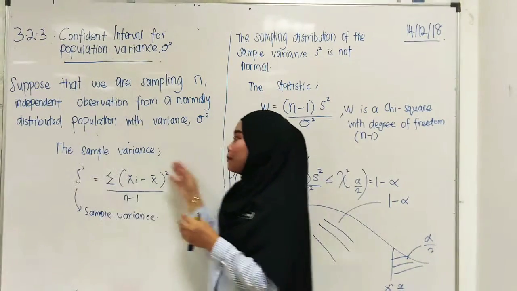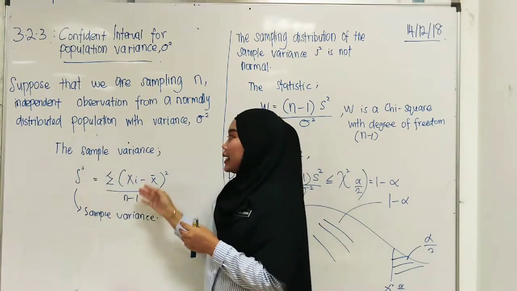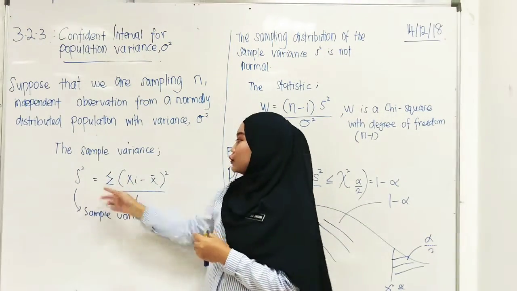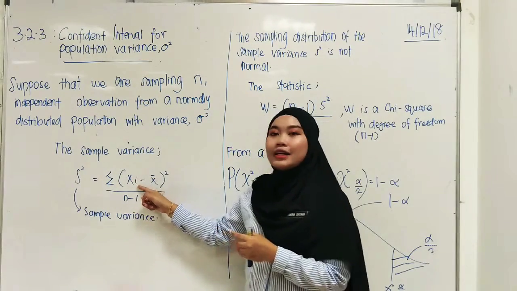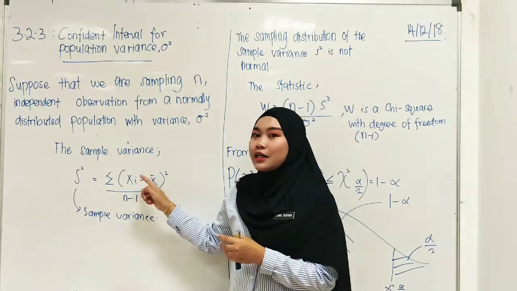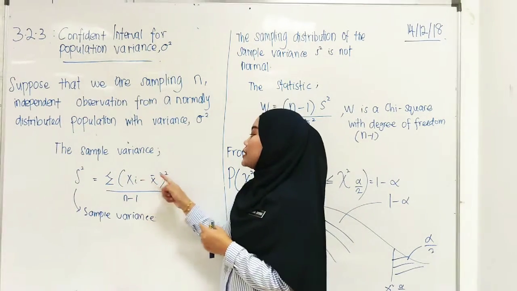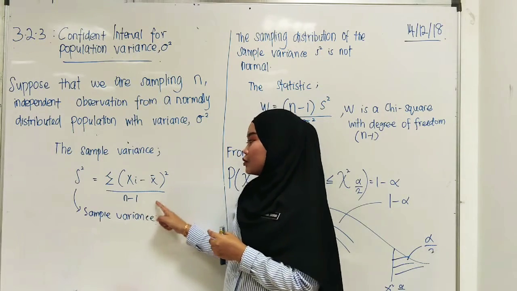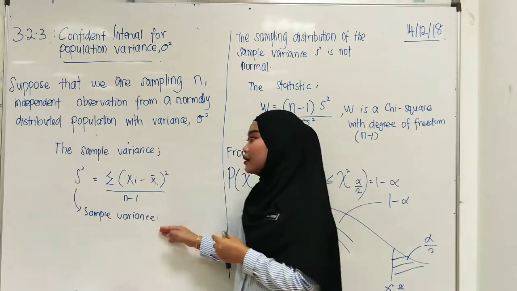So this is the sample variance. The formula to calculate the sample variance is S squared equal to the total of xi, the number of observations, minus the mean squared, over n minus 1. So this is the sample variance.